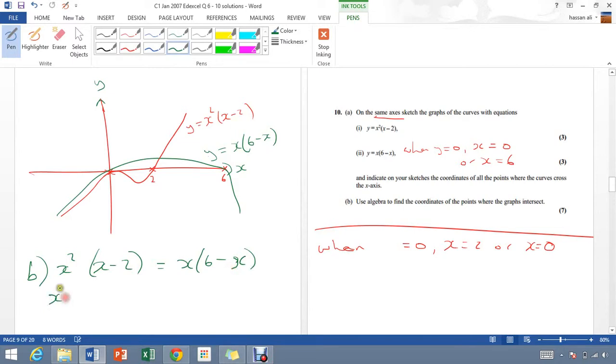If you multiply this out, you'll get x cubed minus 2x squared, and that will equal 6x minus x squared. If you simplify all of that, let's take that across, so x cubed minus 2x squared plus x squared minus 6x all equals 0.